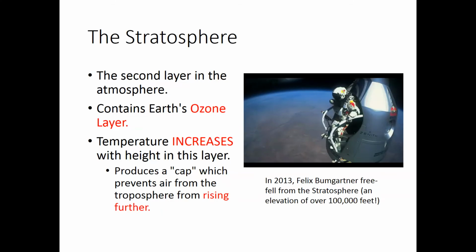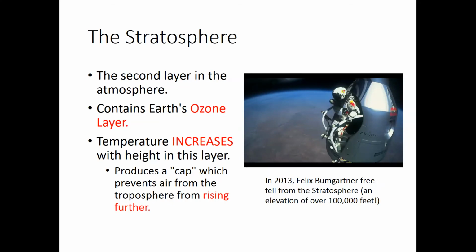Now, before I continue, let me show you something really cool. Here on the right, I have this image. This image was taken in 2013, the very first year I taught this class, and it was of a gentleman named Felix Baumgartner. Felix Baumgartner is what's called a free faller.